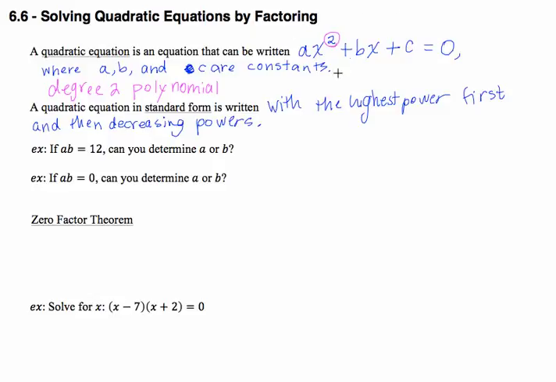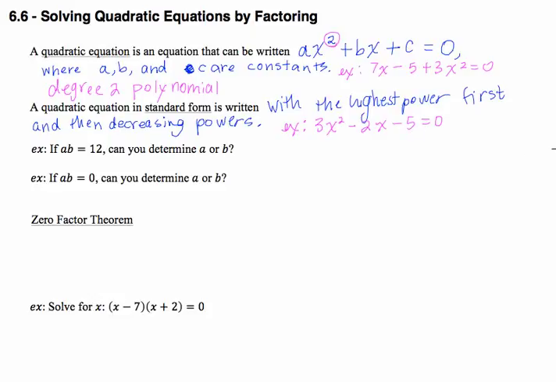So for example, one that's in standard form would look like maybe this: 3x squared minus 2x plus 5 equals 0. One that's not in standard form might look like this. It might say 7x minus 5 plus 3x squared equals 0. So this is a quadratic equation. It's just not in the standard order because the 3x squared is last instead of first. Okay, so we'll usually write things in standard form. That way you get used to seeing it the same way every time.